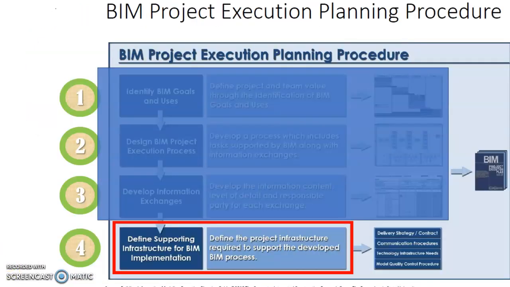And then we go on to step 4 of the procedure, which is to define the supporting infrastructure for the implementation of this building information modeling process throughout the whole construction phases. We define the project infrastructure required to support the developed BIM process that we have created from step 1 to step 2 to step 3.